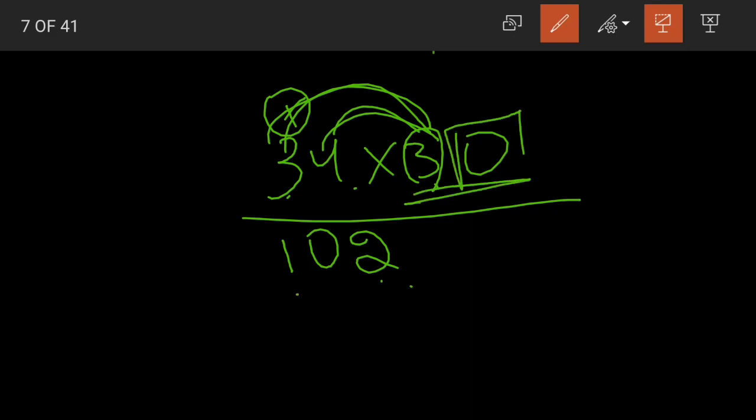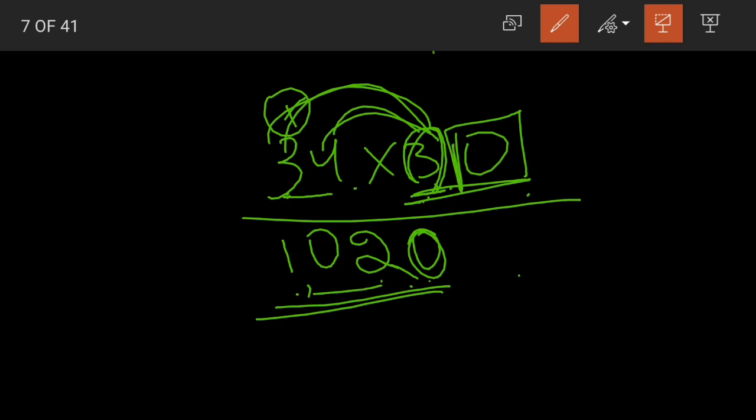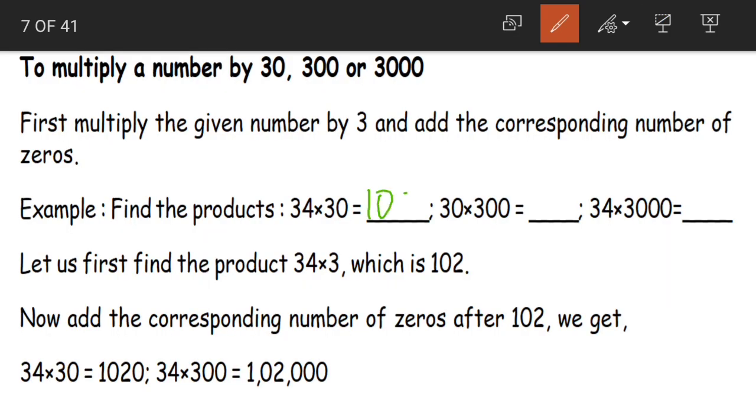Now in 30 we are having 1 zero. So we'll place 1 zero to the right of the product. 1020 becomes our answer. Clear? 34 into 30. First multiply 34 with 3 and then to the product add 1 zero. As 30 has 1 zero, so in the product also we are adding 1 zero to the right of the product. So 1020 becomes our answer.